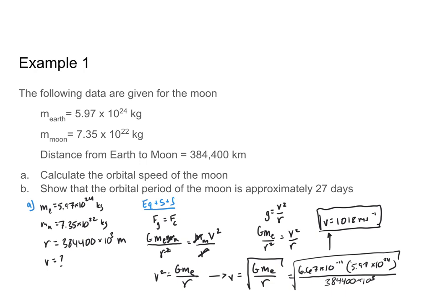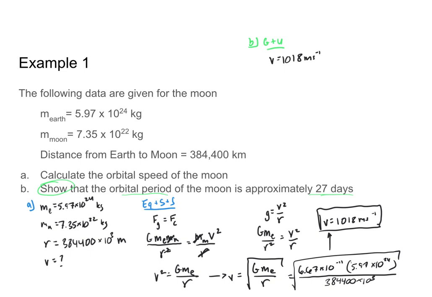In part 2, I'm asked to show that the orbital period of the Moon is approximately 27 days. So let's go ahead and do that. For part B, I'm going to start with my givens and unknown. I know that the speed of the Moon is 1018 meters per second.